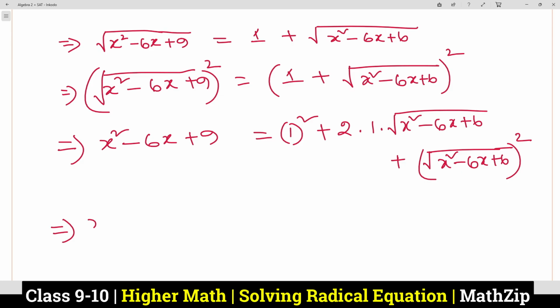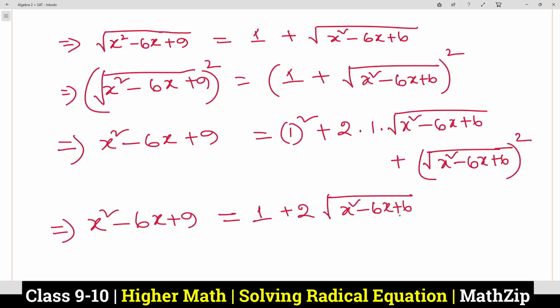Then x square minus 6x plus 9 equals 1, then 2 times root over x square minus 6x plus 6 plus root x square minus 6x plus 6 whole square. It means x square minus 6x plus 6.